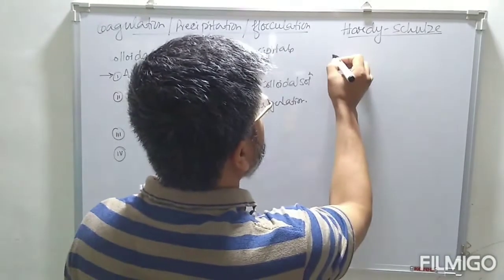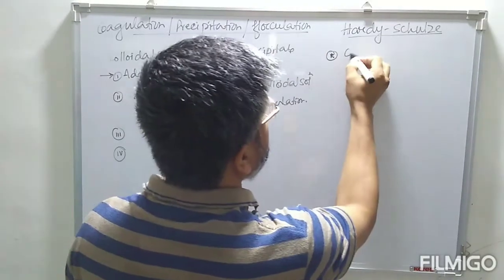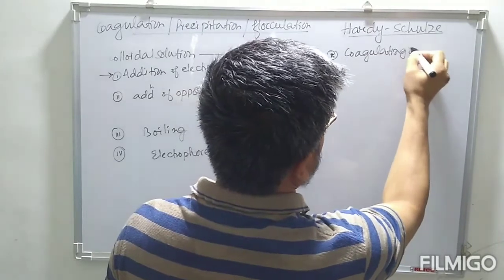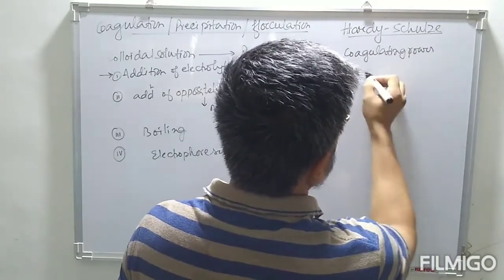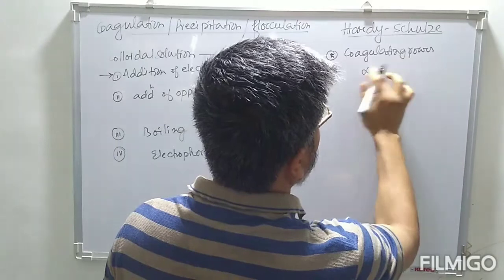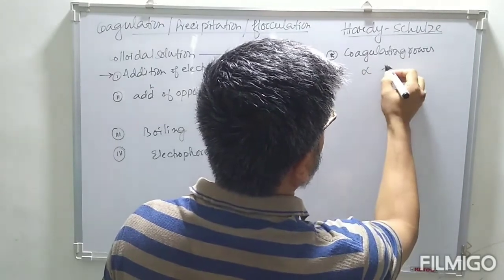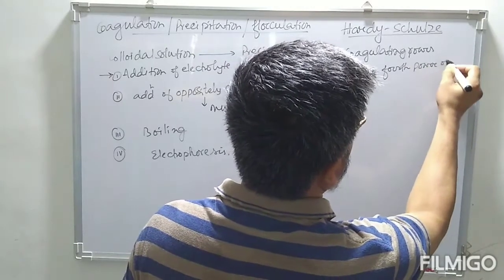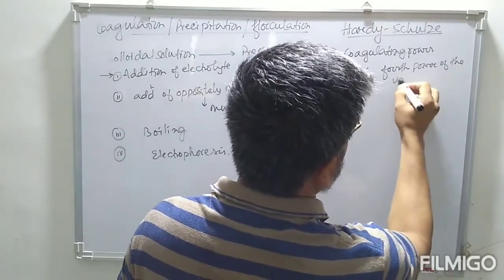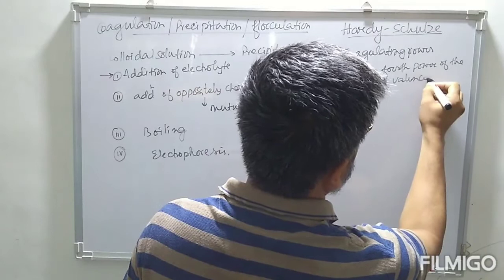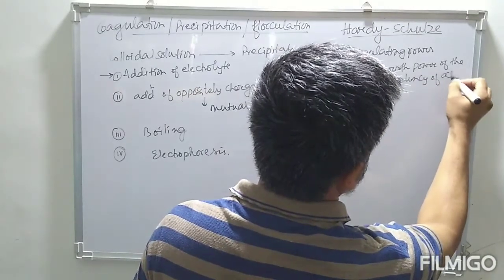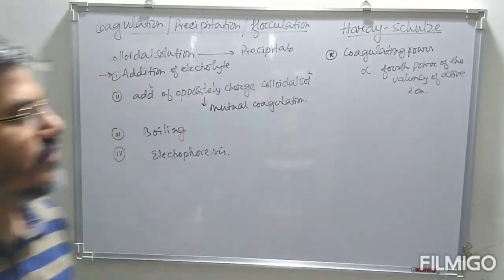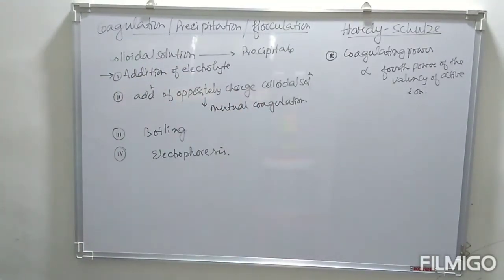So the rule says coagulating power is directly proportional to the fourth power of the valency of the active ion.